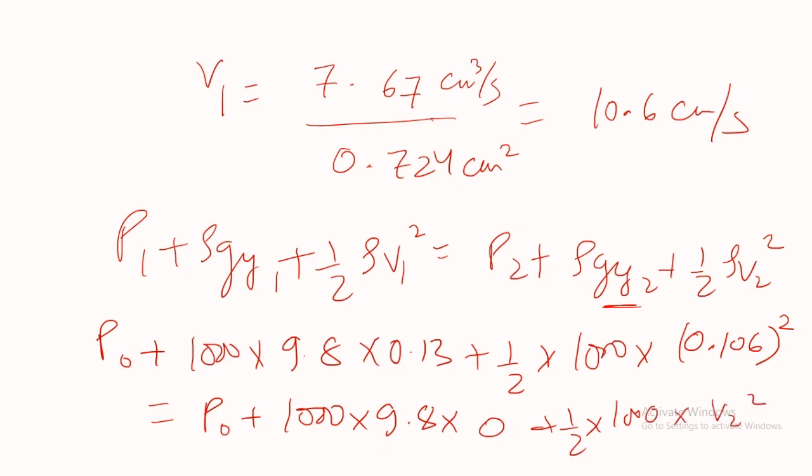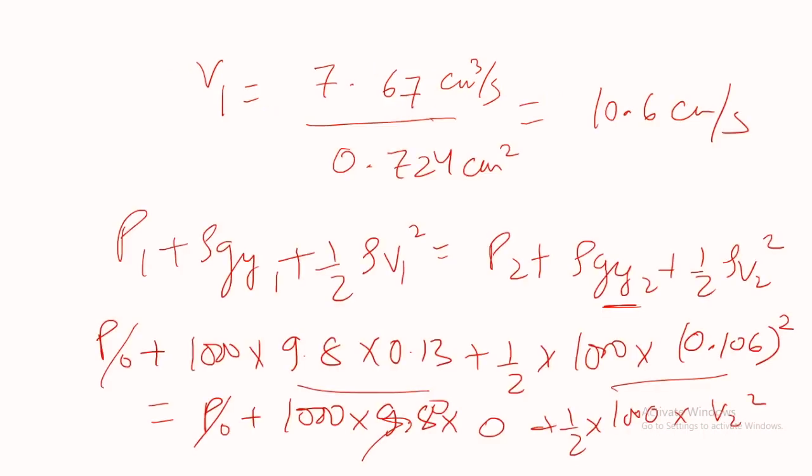So this P naught gets cancelled, this is 0. If you solve this whole thing, taking 500 in the denominator, v2 finally will come out as 1.6 meter per second.